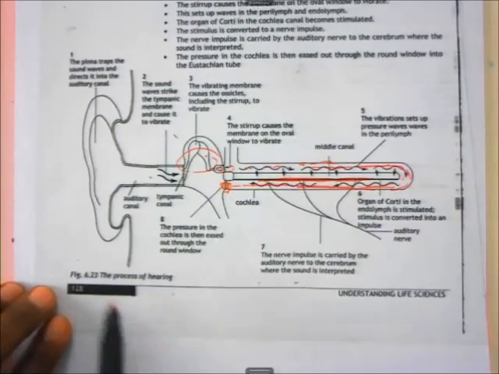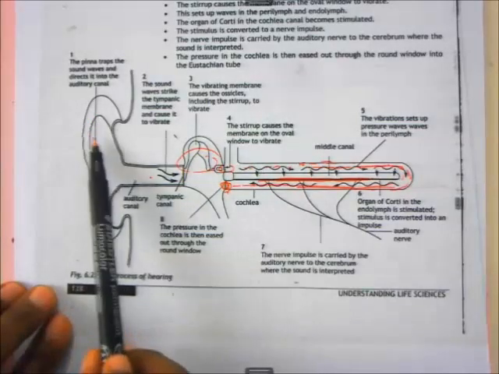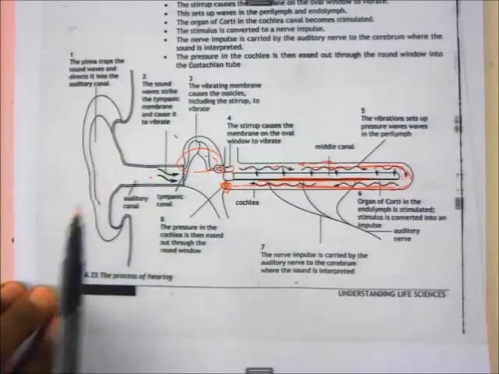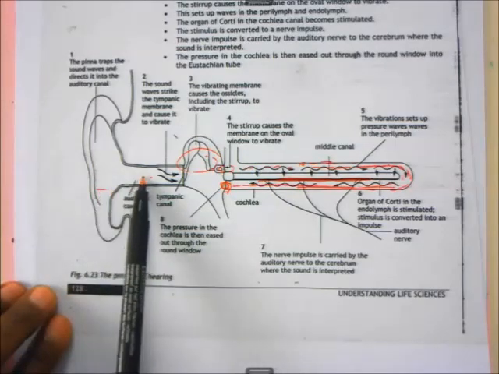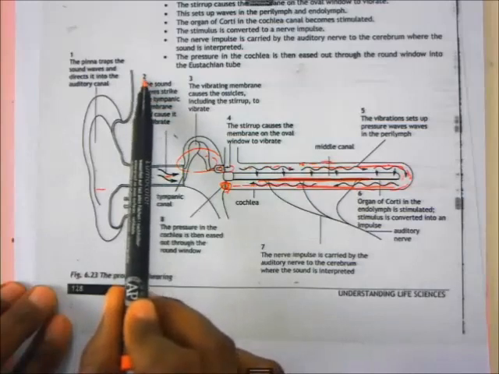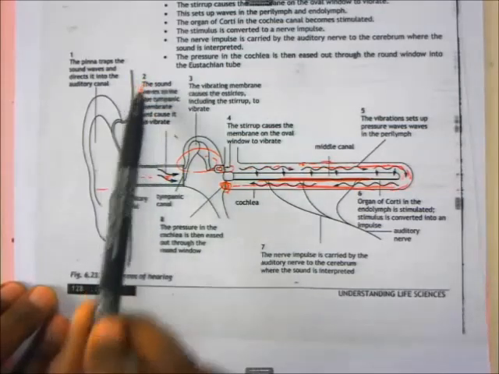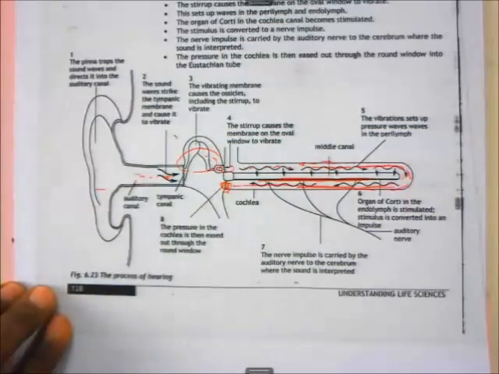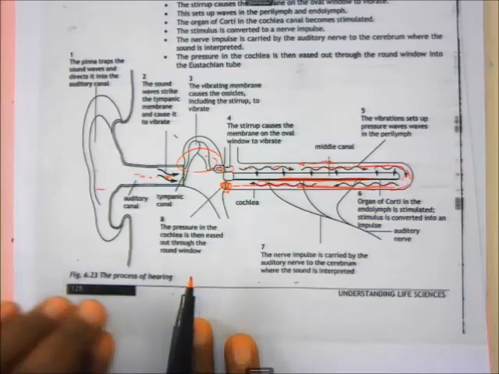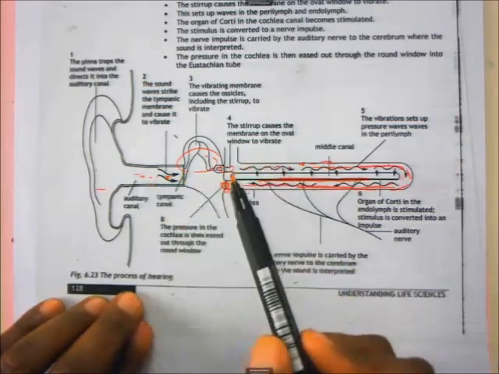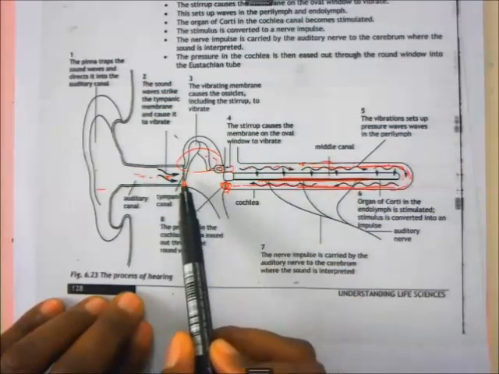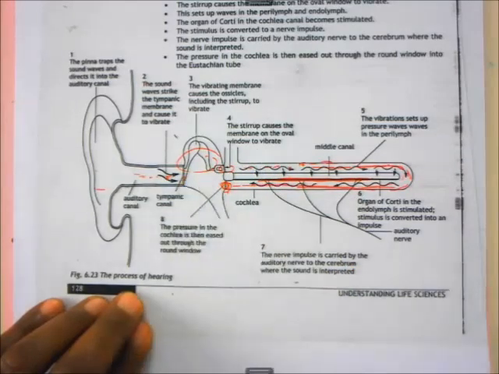Number one, the pinna traps the sound waves from the environment and directs the sound waves into what? Into the auditory canal, which is numbered 2. From the auditory canal, the sound waves will strike what? The tympanic membrane.